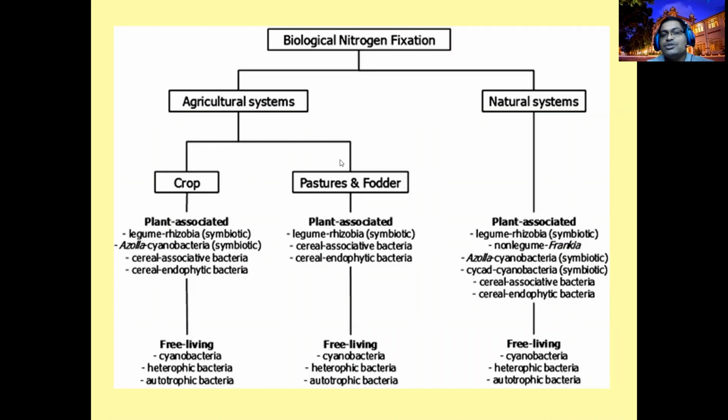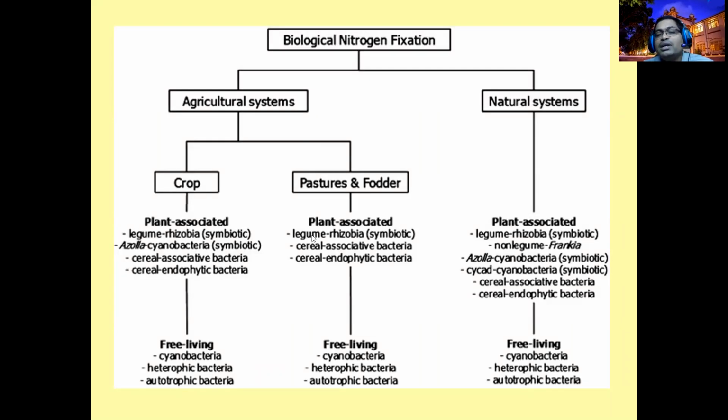In the agricultural ecosystem, there are two different categories: crop, and pasture and fodder. For the crop plants, you all know the legume-rhizobia association, the azolla-cyanobacteria association, cereal-associative non-leguminous bacteria associations, and some free-living cyanobacteria, heterotrophic bacteria and autotrophic bacteria.